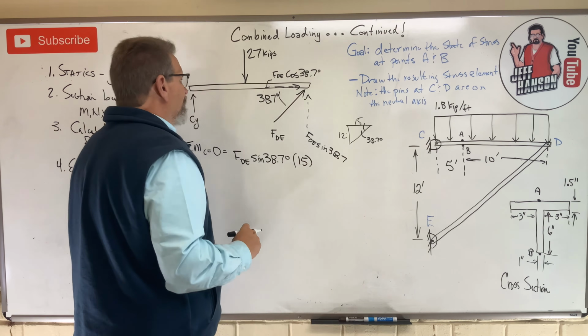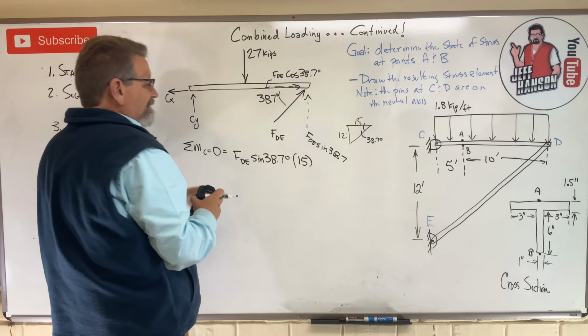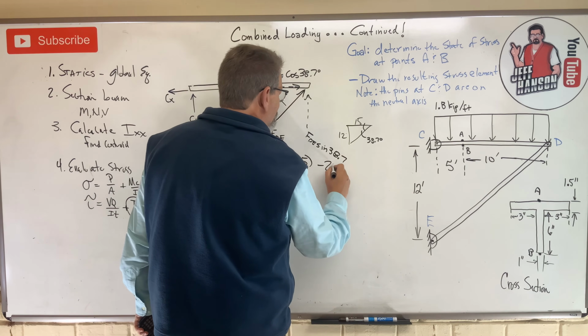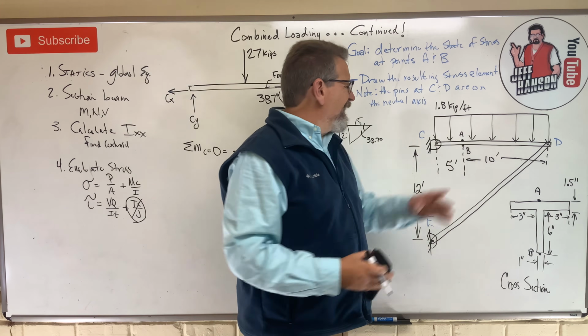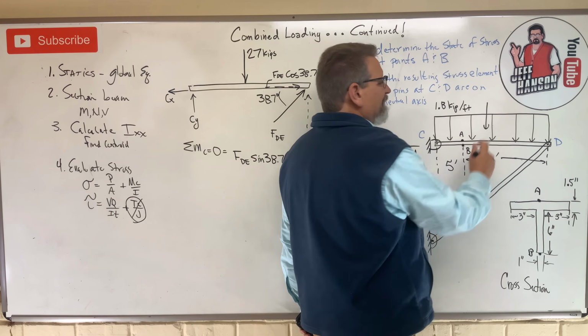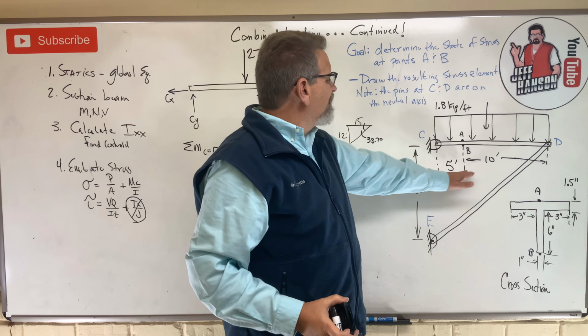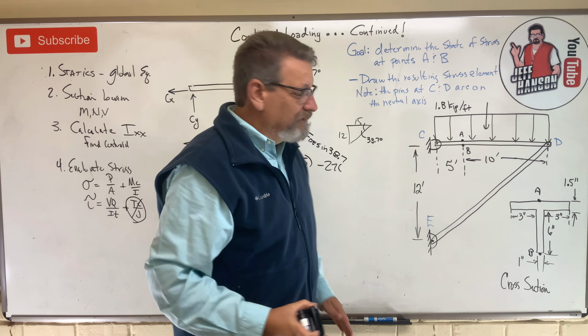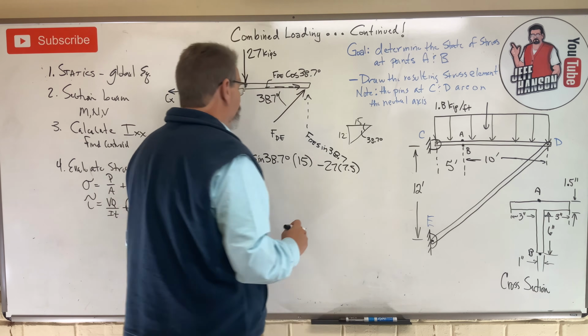Okay. And then what else? I got 27, which rotates me negative. Minus 27 times how far away is that? Okay, remember the 27 acts in the middle of that rectangle, right? At the centroid of that rectangle, which is half of 15, which is 7.5, isn't it? Okay.